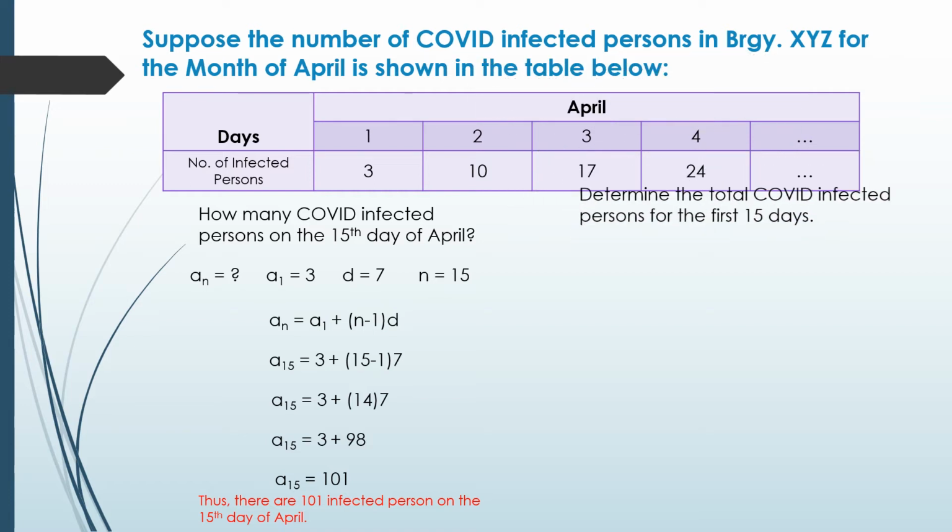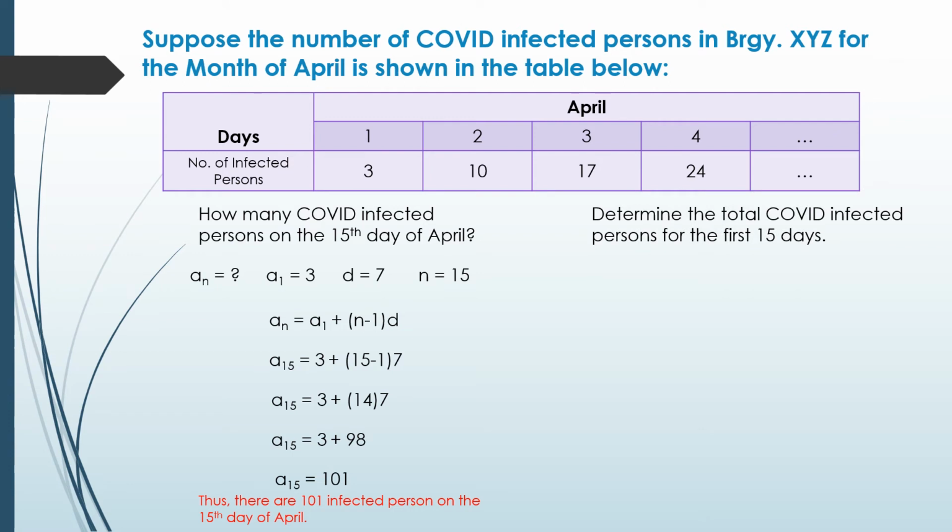Okay, here's another problem. We are going to determine the total COVID-infected persons for the first 15 days. So here we are going to add from day 1 of April up to day 15 of April. First, let us again identify the information.